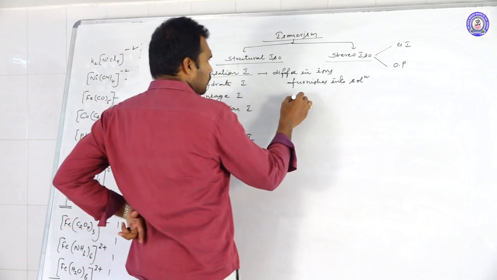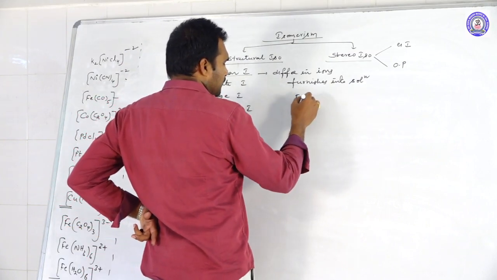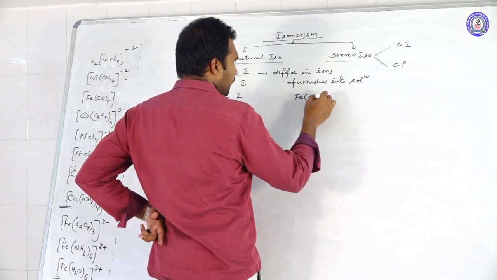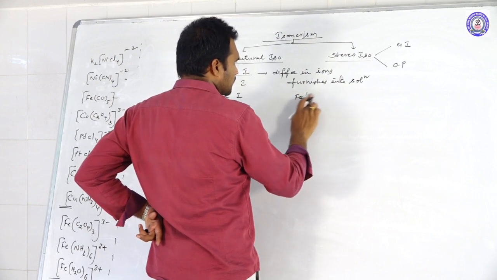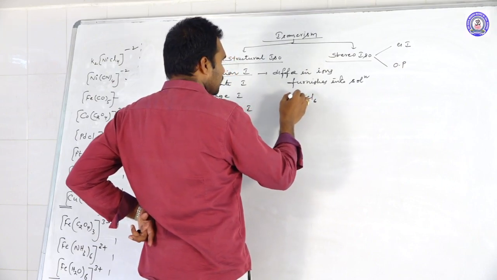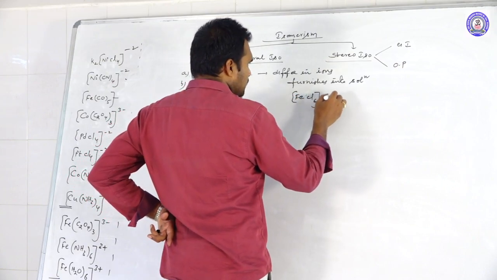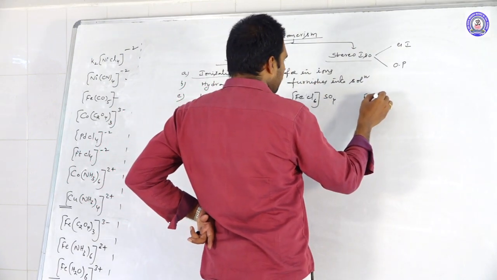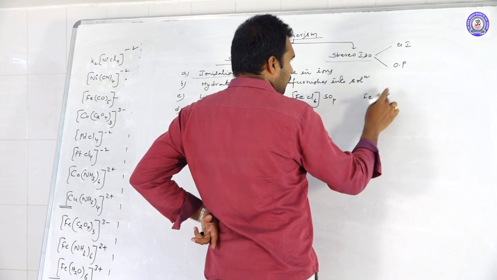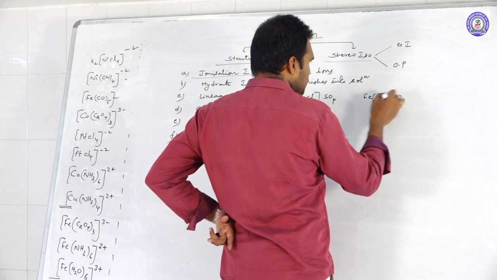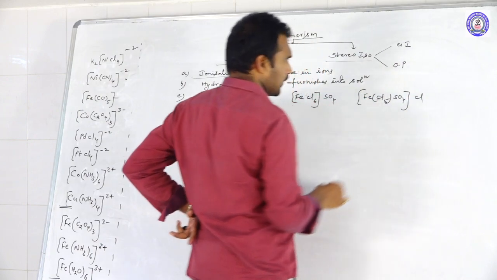For example, you take [Fe(CN)Cl5]SO4, sorry, [FeCl6]SO4 and [FeCl5]SO4Cl.